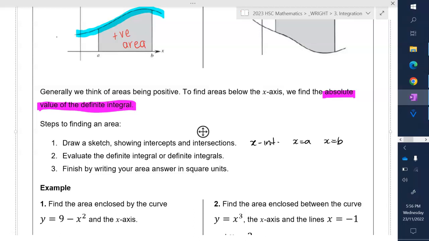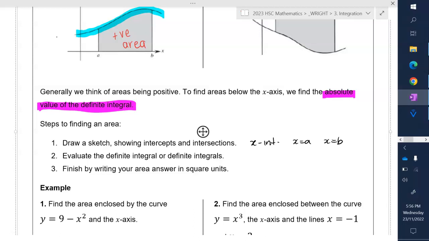So step 1, sketch. Step 2, evaluate the definite integral or definite integrals, because we might have two parts depending on whether or not we are above or below the x-axis. And finish by writing your area answer in square units. So there were a few questions that have been brought up in the last couple of lessons at school.